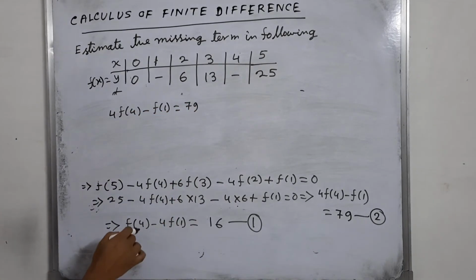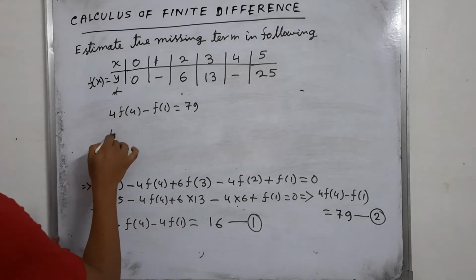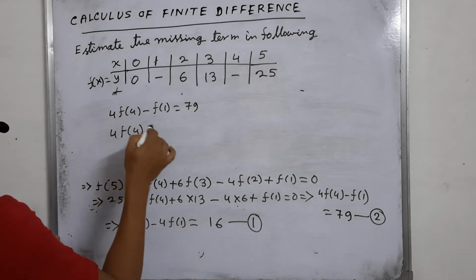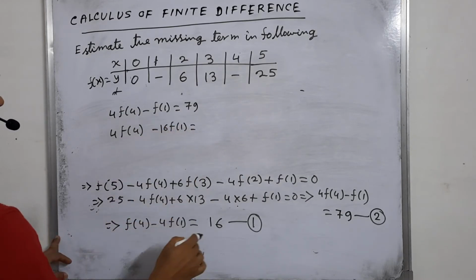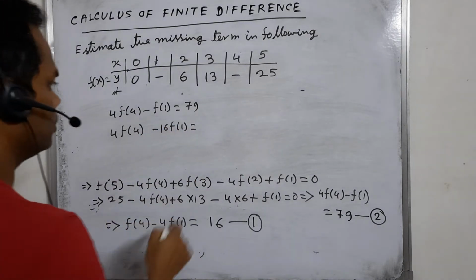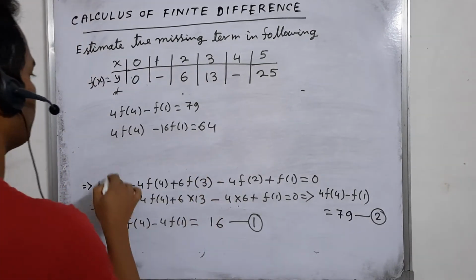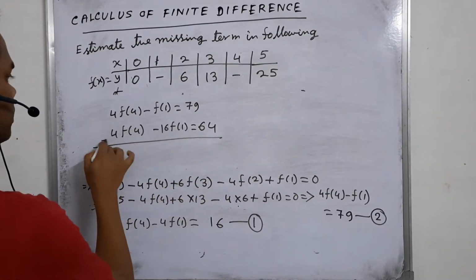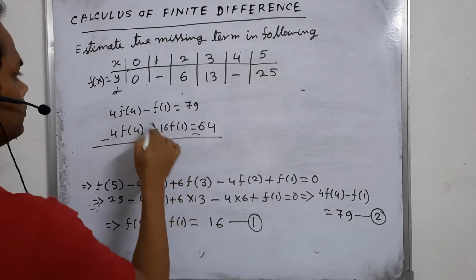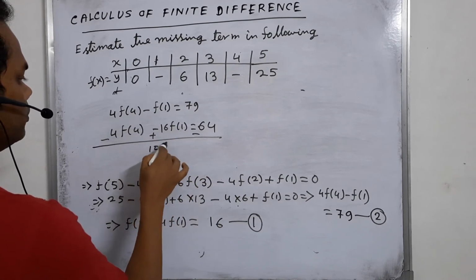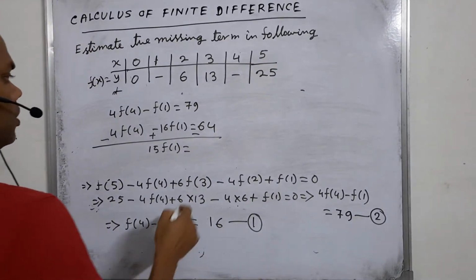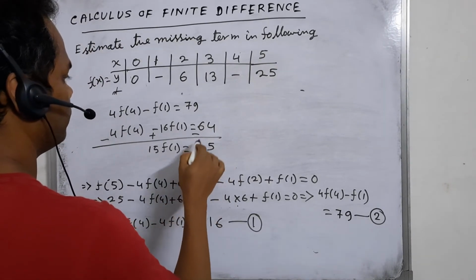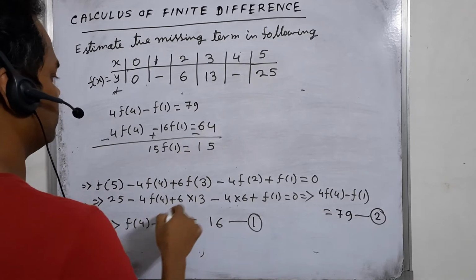We multiply the first equation by 4. So 4f4 minus 16f1 is equal to 16 into 4, 64. By subtracting, 15f1 is equal to 15.